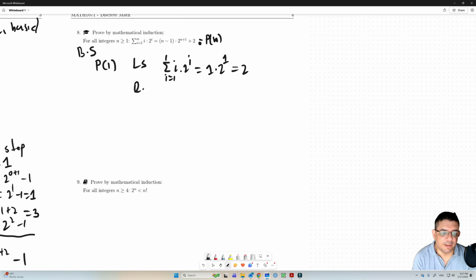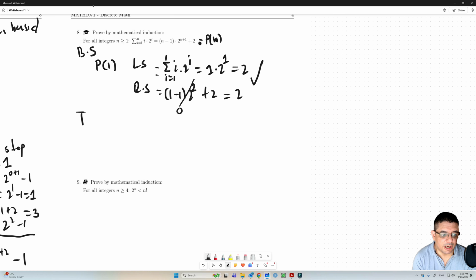Now the right side is plugging in n equals 1: (1 minus 1) times 2 to the 2, plus 2. Now 1 minus 1 is 0, so I'm just going to get 2. So here the basic step is good.